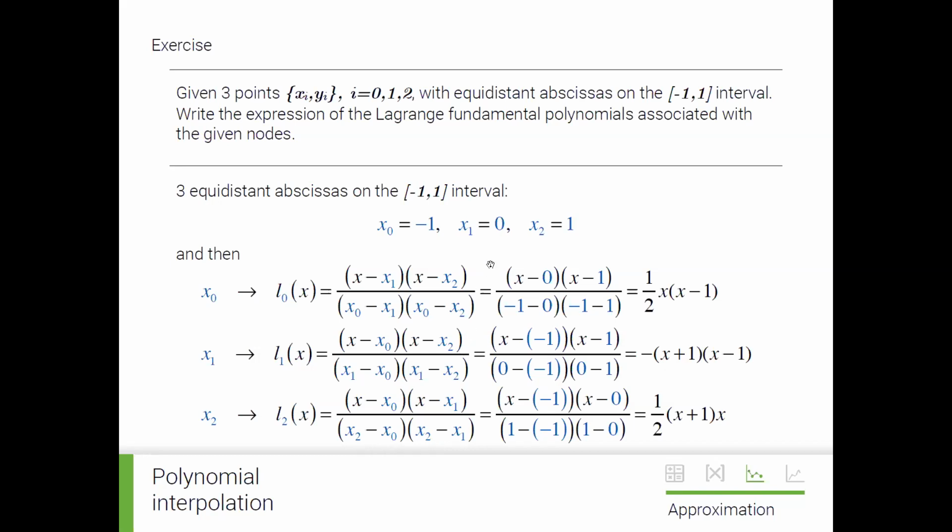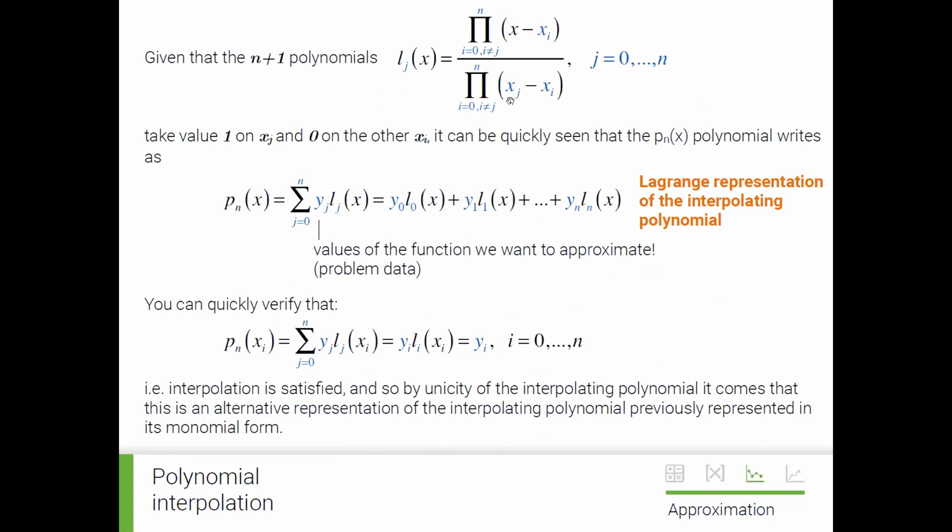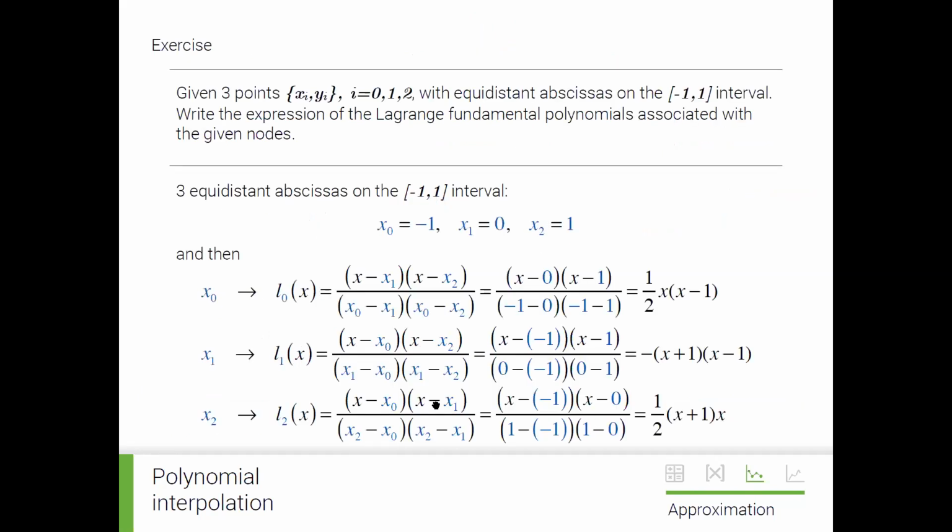We just replace our j here. You can see here j, because L depends on j. So here x minus xi, and here j. When j is 2, it will be 1 over 2 times (x plus 1) times x.